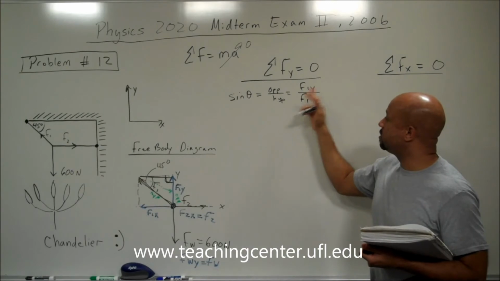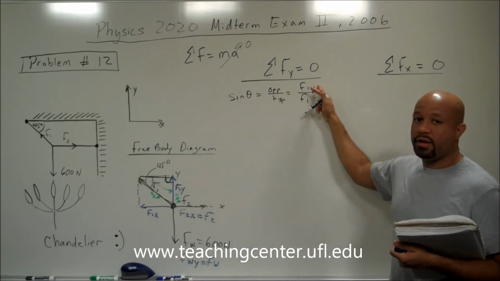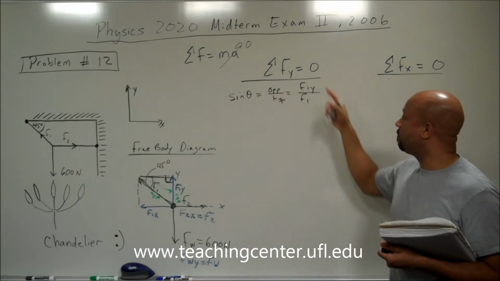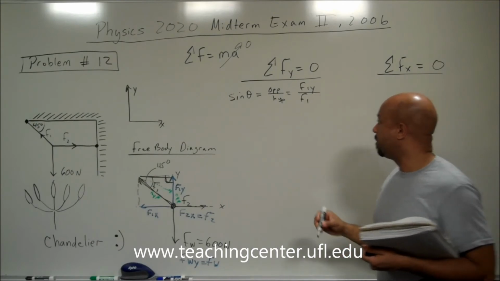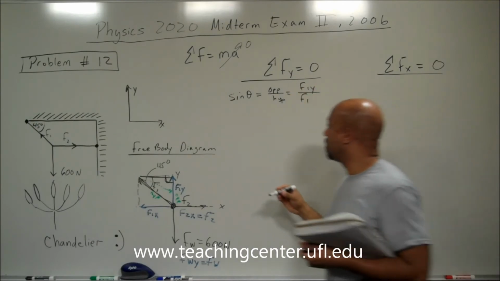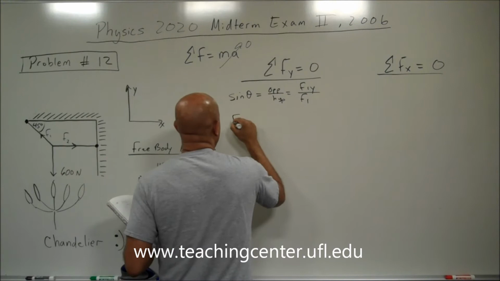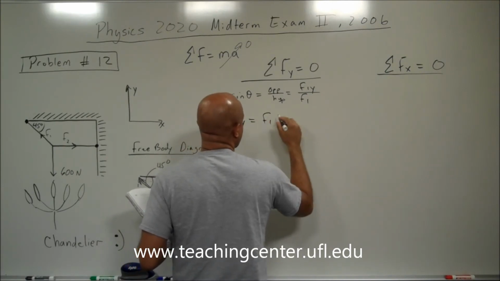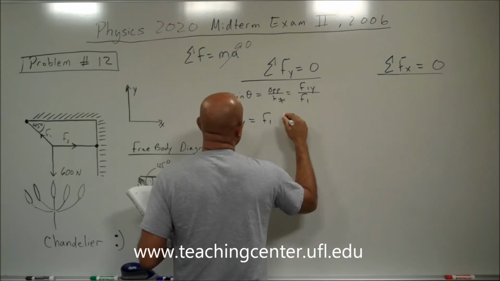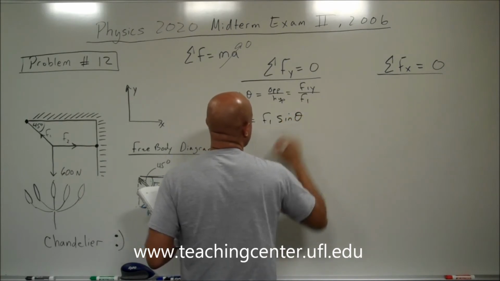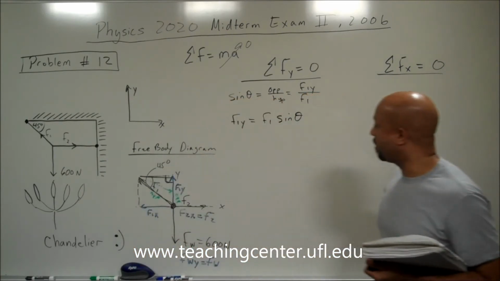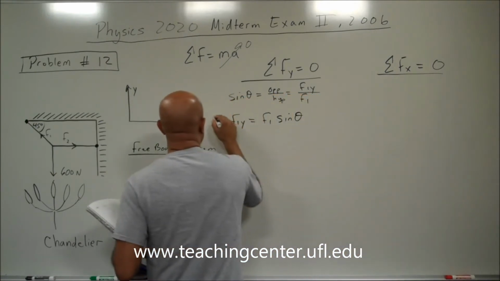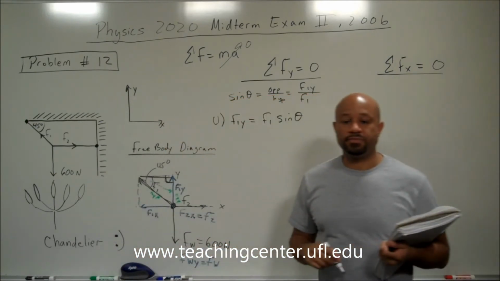So now we have a relationship between theta, force 1, and the y component of force 1. If we solve this equation for F1y, we get F1y is equal to the magnitude of force 1 times the sine of theta. So that's our first force acting in the y direction.